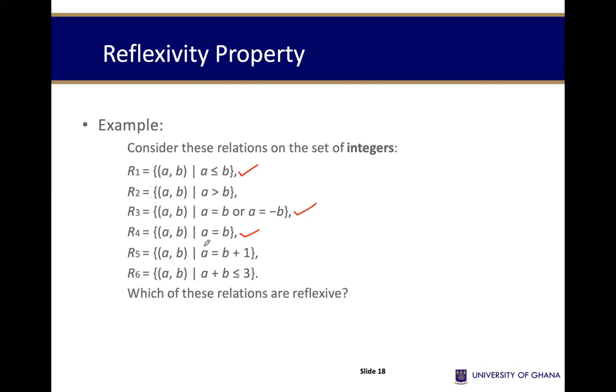Let's look at R6 critically. For R6, I'm saying that A plus B is less than or equal to 3. Here, if you pick any A value and B value, let's say A is 0, B is also 0, right? 0 plus 0 will give you a value less than 3.